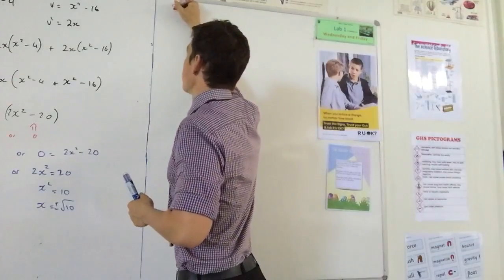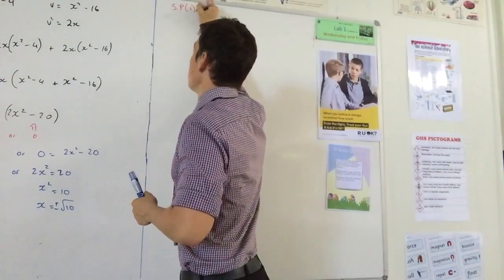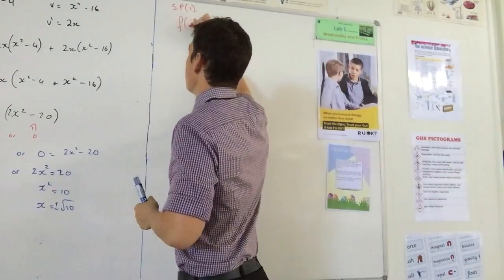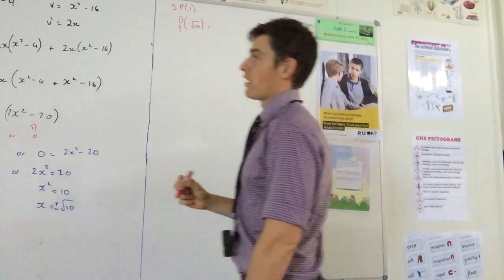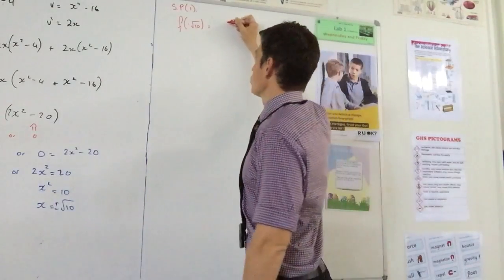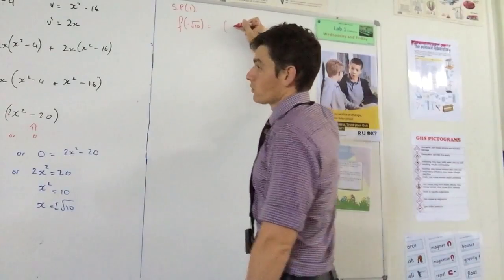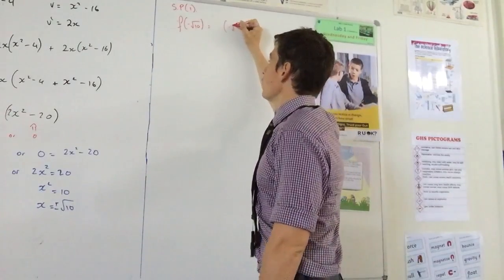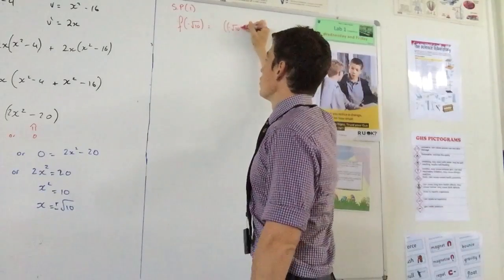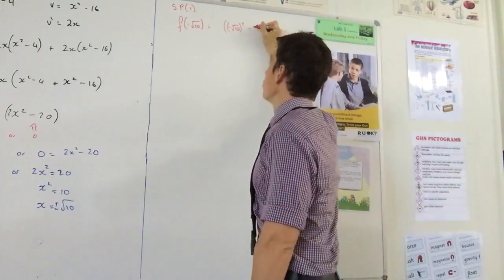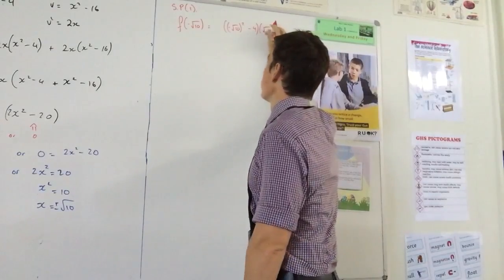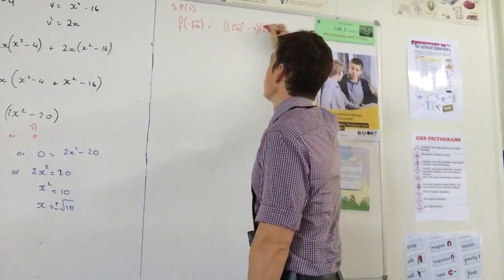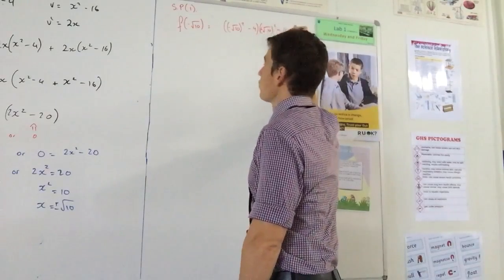So I'm just going to put SP1, and that will occur at f of negative root 10. I shove that value back into my function, which is (negative root 10 squared minus 4) times (negative root 10 squared minus 16).